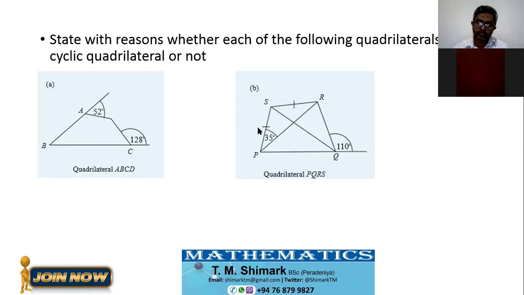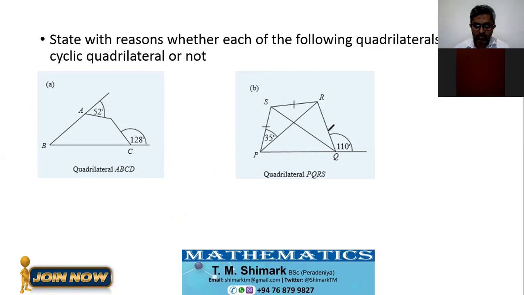Next question, we will check this one. Is PQRS a cyclic quadrilateral or not? We are talking about cyclic quadrilaterals. So question number 2, we have to establish whether this PQRS is a cyclic quadrilateral or not. Can you check? Cyclic quadrilateral means the addition of the opposite angles has to be 180.